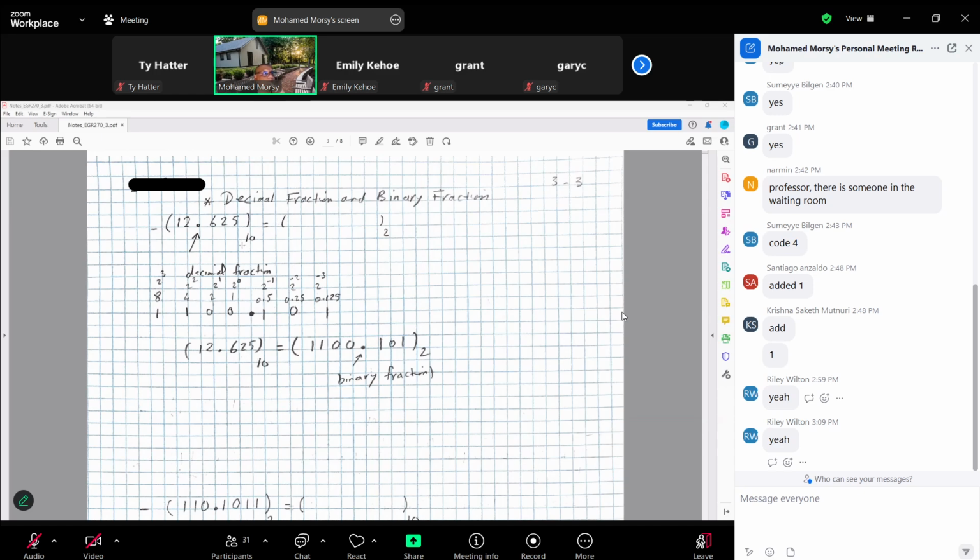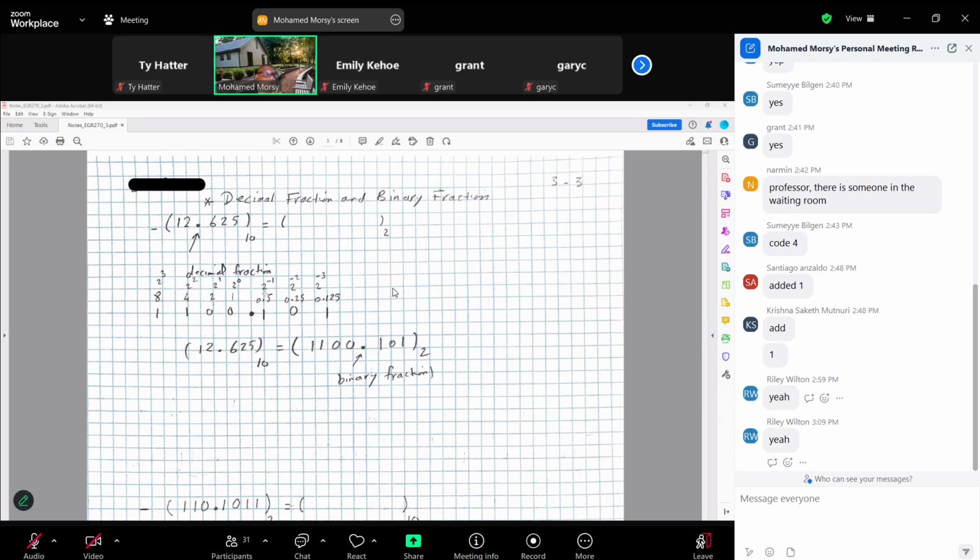Now, the value here is 0.625. How did we get this number? We get it from 0.5 plus 0.125.